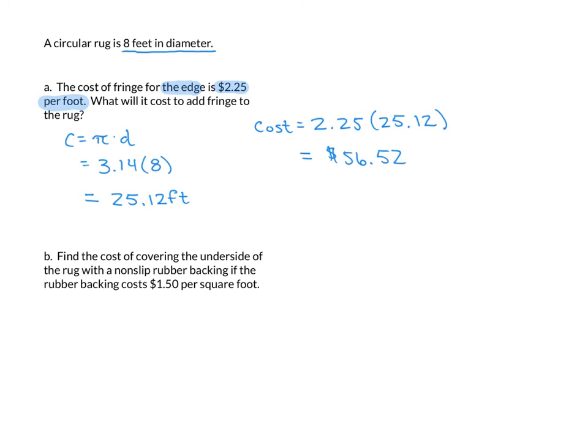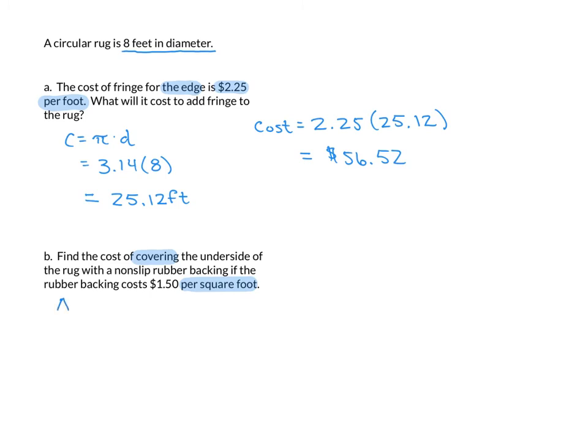Okay, for part B, we have: find the cost of covering the underside of the rug with a non-slip rubber backing if the rubber backing costs $1.50 per square foot. So note here some keywords. We have covering. We also have per square foot, which tells me this is going to be an area problem.